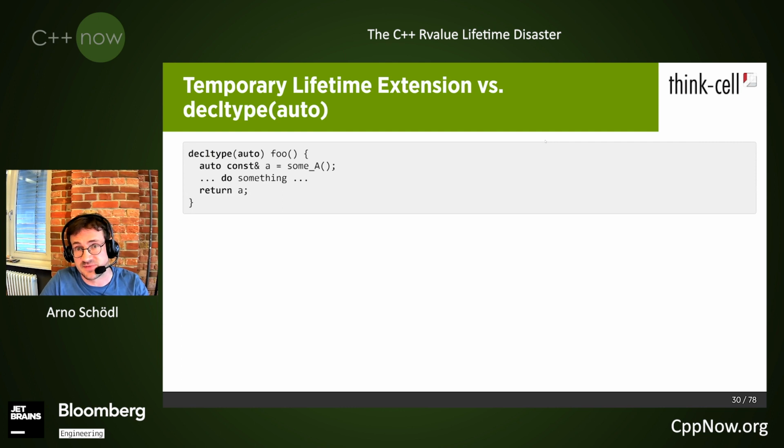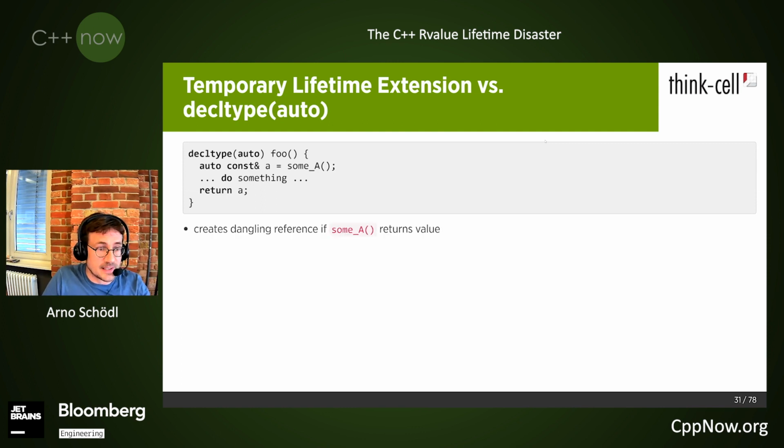If someA returns a value, then A will keep that value alive. Then you do something, and then you return it. Well, the problem is the decltype(auto) will assume whatever the declared type of A is. And that declared type is still auto const&. It's not a value. So foo will return a reference even if someA returns a value. That's not good.